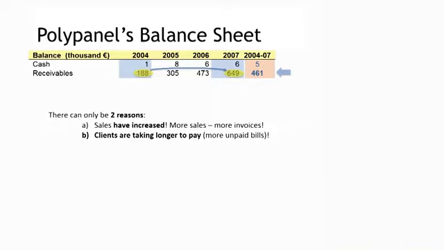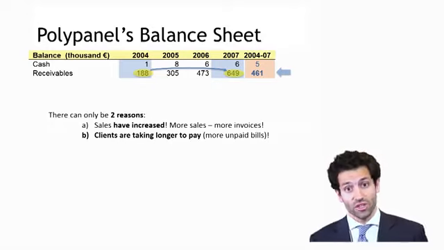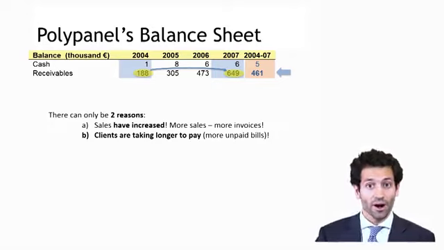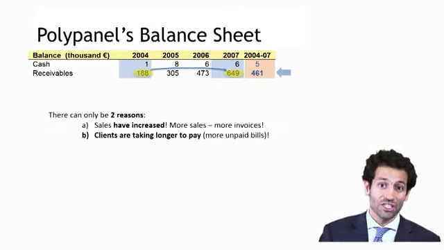But by looking at those two numbers, can you distinguish which part of the increase comes from an increase in sales and which part comes from a deterioration of the collection days? Can you? No, we can't, right? Because there's just one number. We don't know what the collection days are.